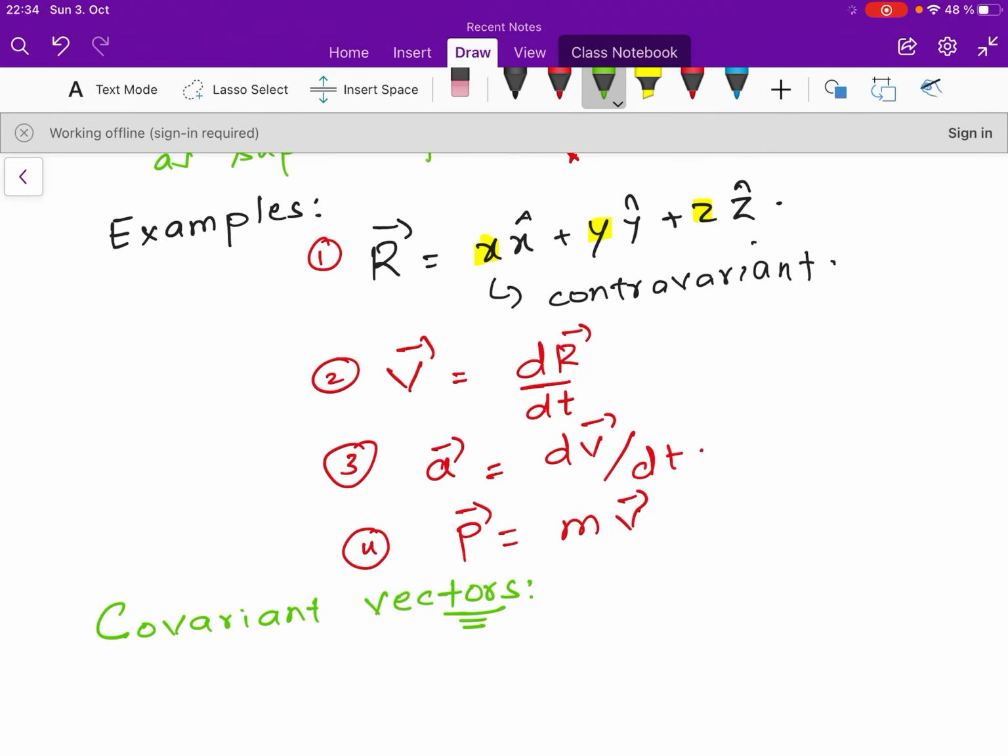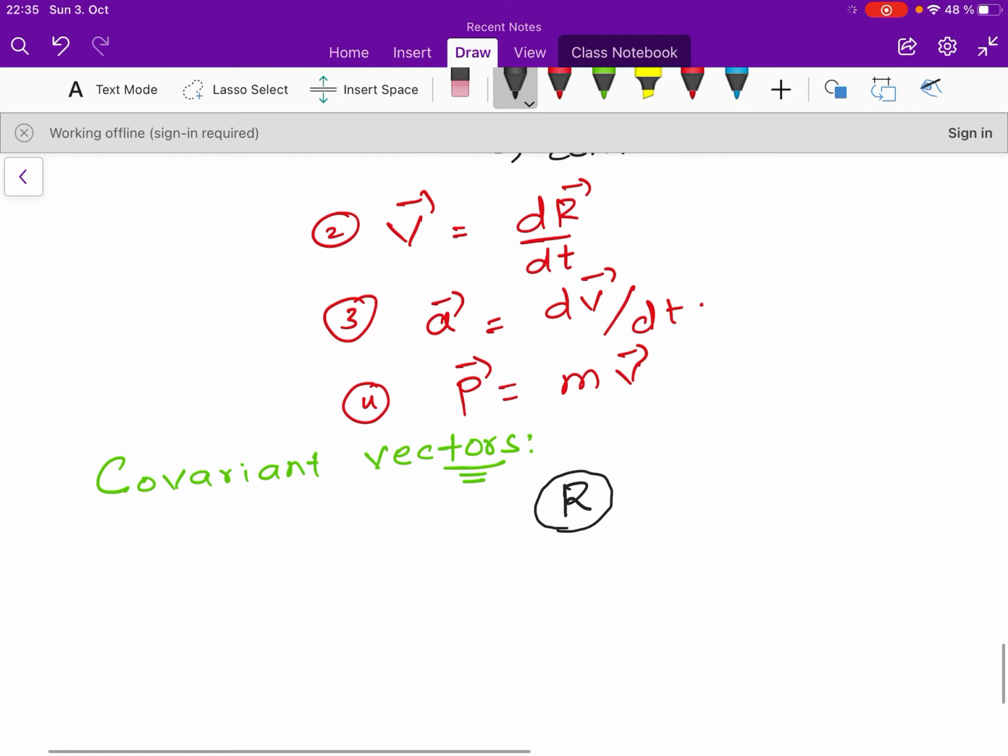Now there are also vectors which do not change in inverse manner to the change of basis, which means those vectors change in accordance with the change of basis matrix. So we have R matrix, which is actually the change of basis matrix, and in covariant vectors, for the transformation into the new components, the old components change according to this R matrix. They don't take R inverse in their multiplication.